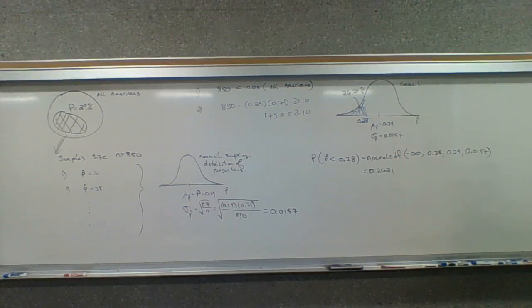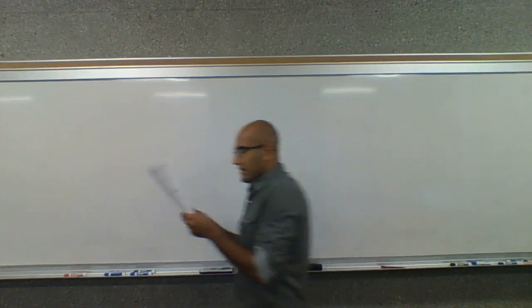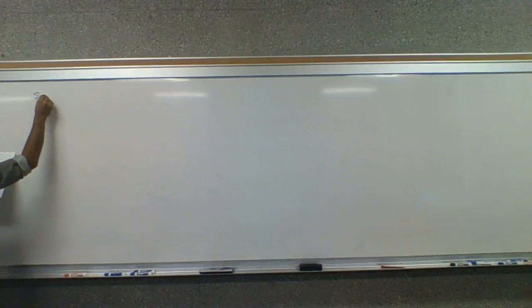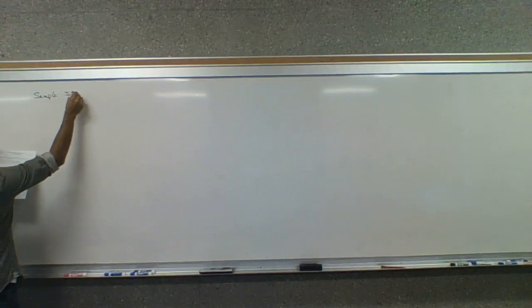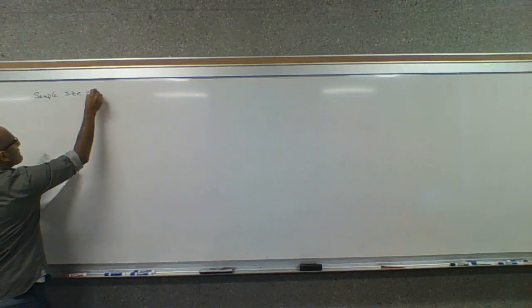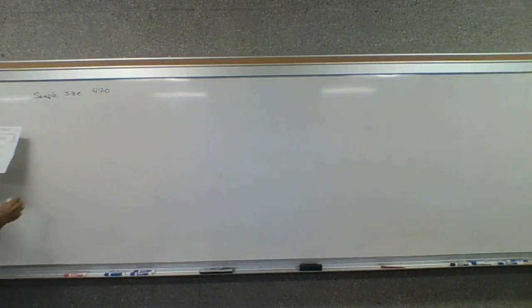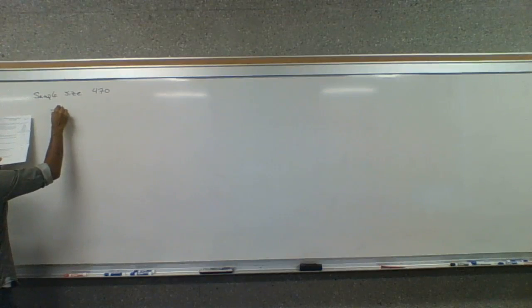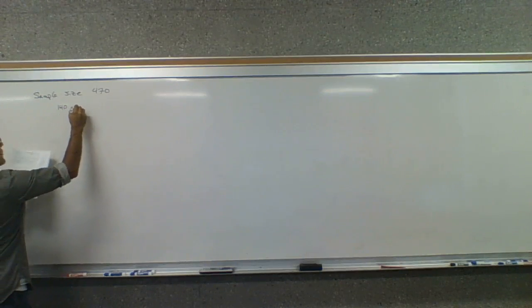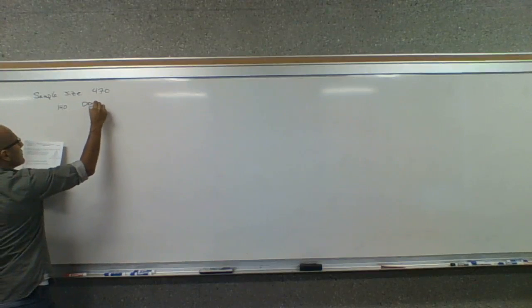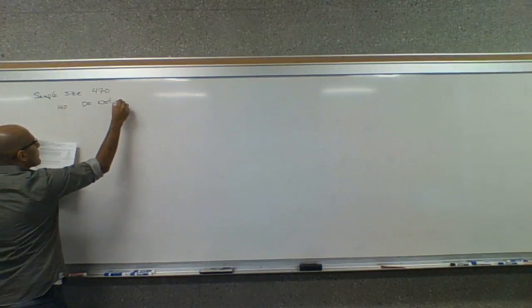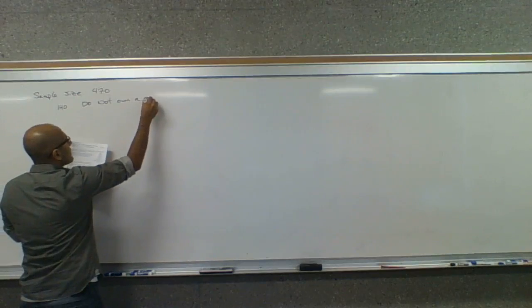No? All right, part D. Once again, now it says does not own a credit card. So, given that the sample size is given as 470, and we are told that in our sample, we know that 140 do not own a credit card.